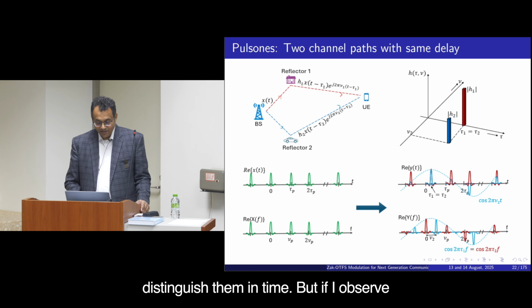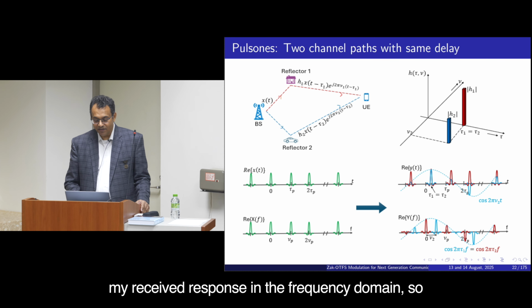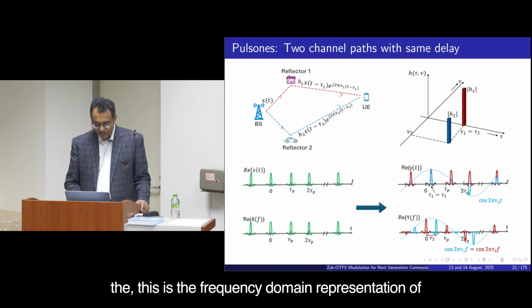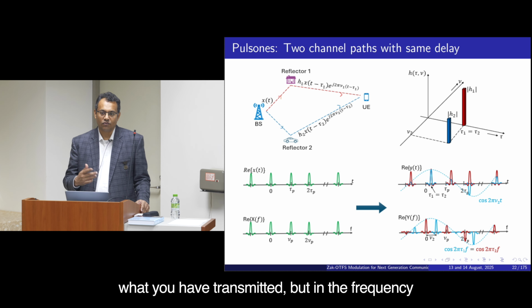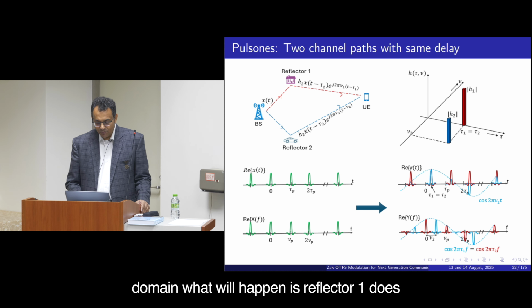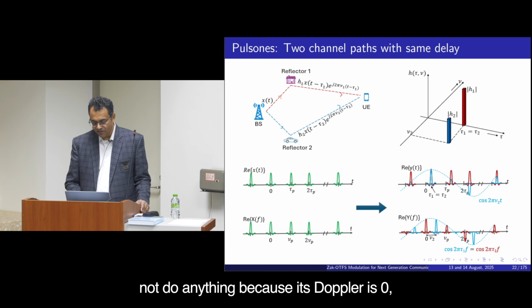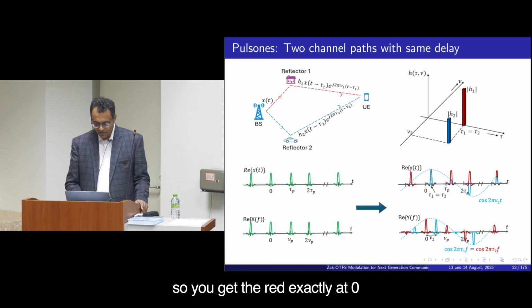But if I observe my received response in the frequency domain, so this is the frequency domain representation of what you have transmitted. In the frequency domain, reflector 1 does not do anything because its Doppler is 0. So you get the red exactly at 0, nu p, 2 nu p, 3 nu p, like that.